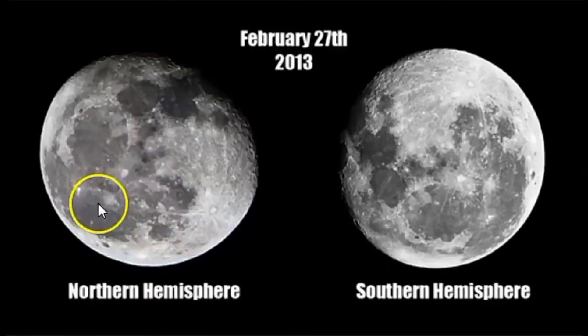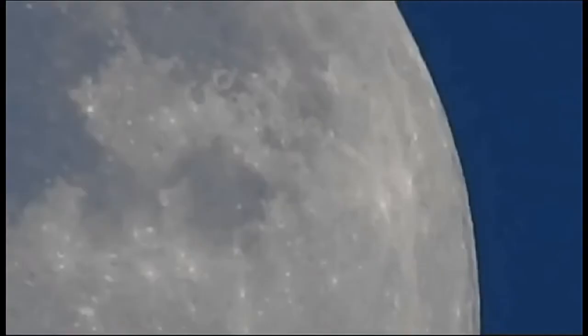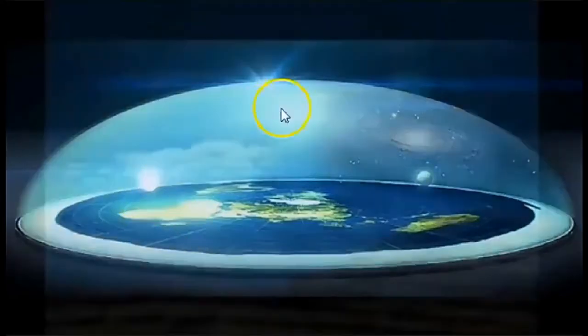But again, going back to this image, you see the dark areas. You're looking at the dark sky through the moon, just as I showed here, the blue sky through the moon. 100%, without a shadow of a doubt. This proves the flat Earth, and once again, everything is within the firmament.